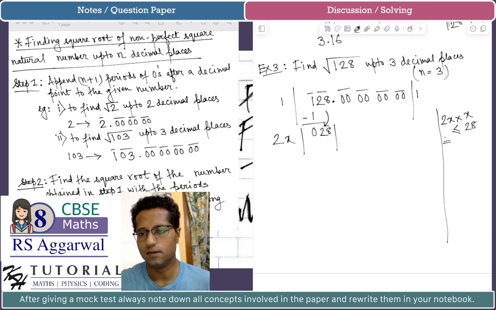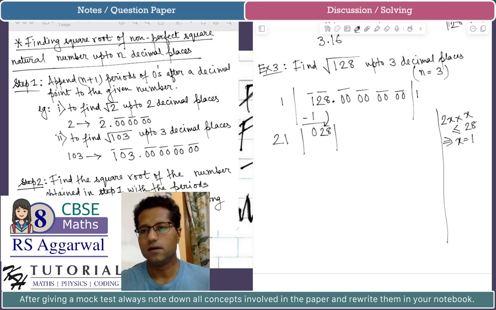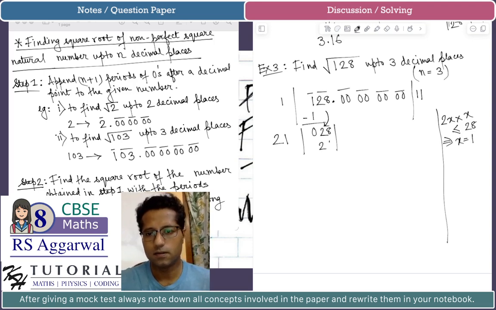This clearly implies x is equal to 1. I am replacing x with 1. I will append 1 to the current quotient, and 21 multiplied by 1 is 21, and the remainder is 7.